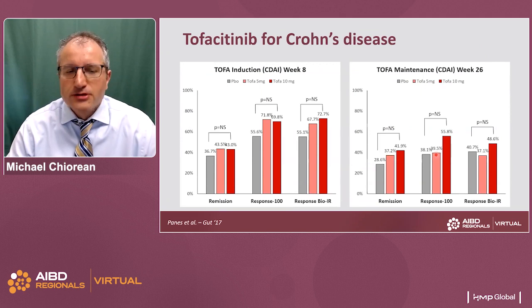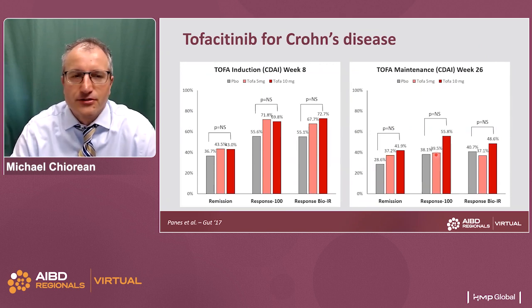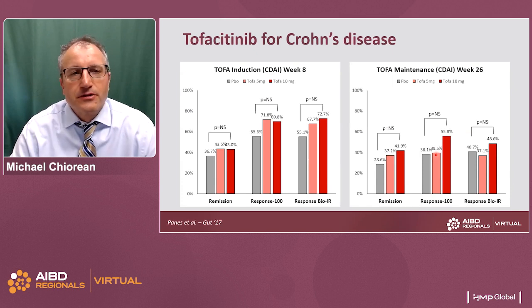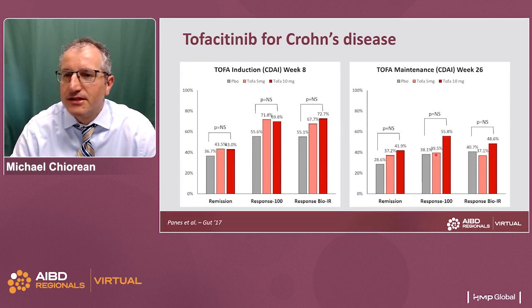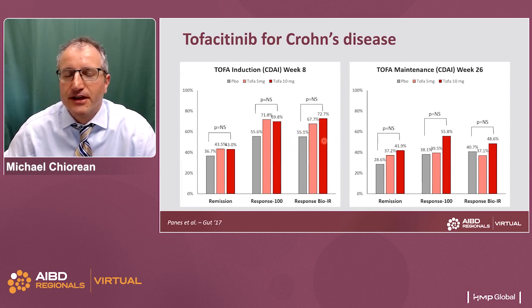How about Crohn's disease? Well, things didn't look quite so rosy, at least for Tofa for Crohn's disease. Although if you look on the left side, you have the induction data. On the right side, you have the maintenance data up to 6 months. This is the phase 2 program. Again, 2 different doses, similar to the UC program. There was a numerical trend for response, including in patients who failed anti-TNF, but this did not meet statistical significance.